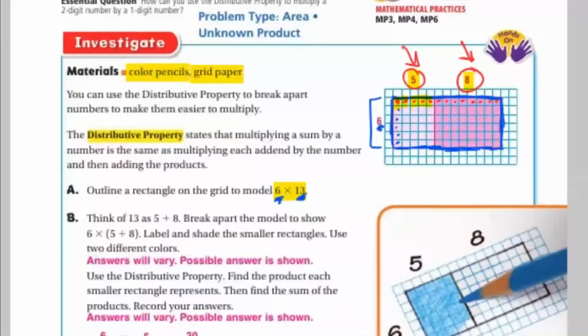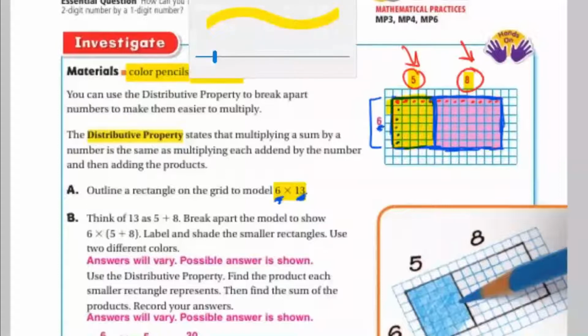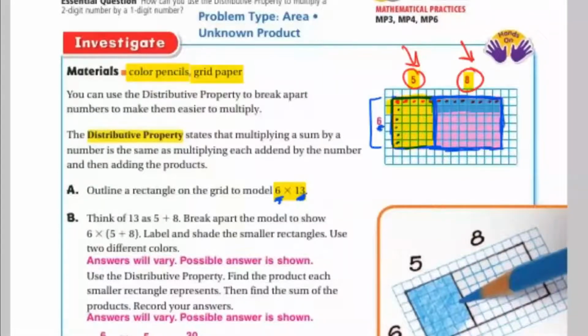And let's make a line here like that. So we have here two groups. We have here 5 squares and 6 squares here. Let's color it. And let's use another color to color the next board like that.